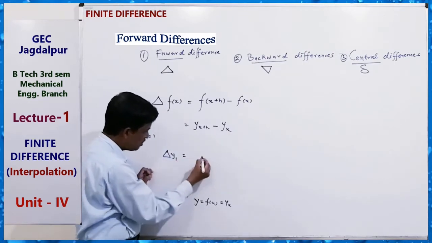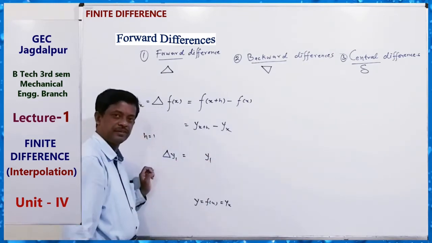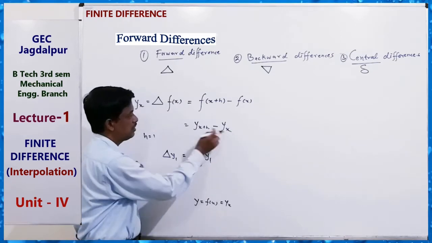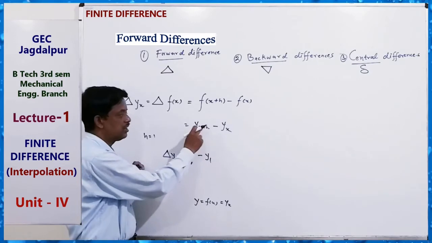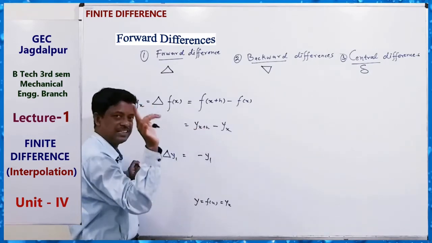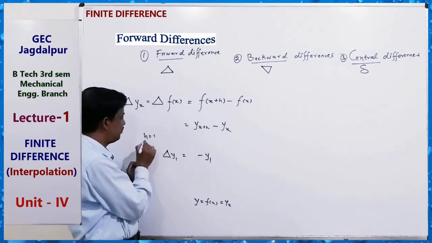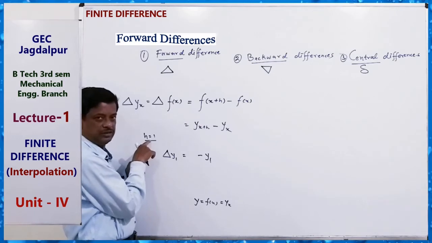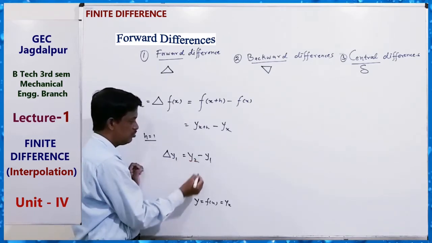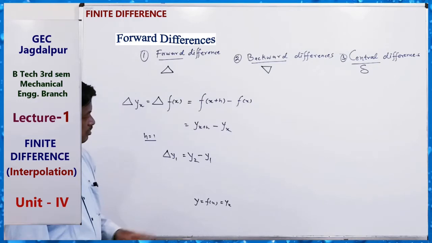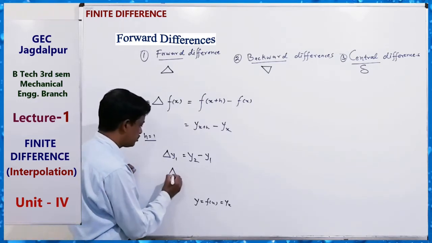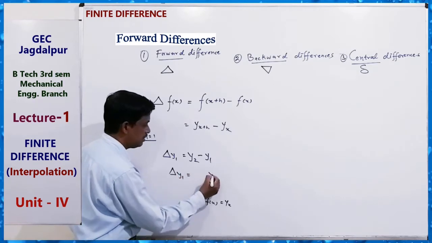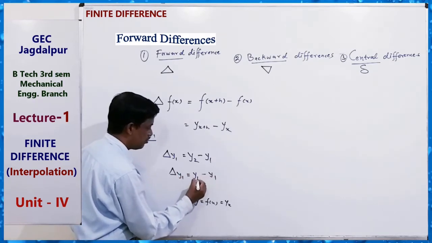So here y1 is subtracted from the value whose argument is 1 times h greater. If h equals 1, then here it will be y2 minus y1, one greater, because h equals 1. If the interval is h, then it is y at 1 plus h.